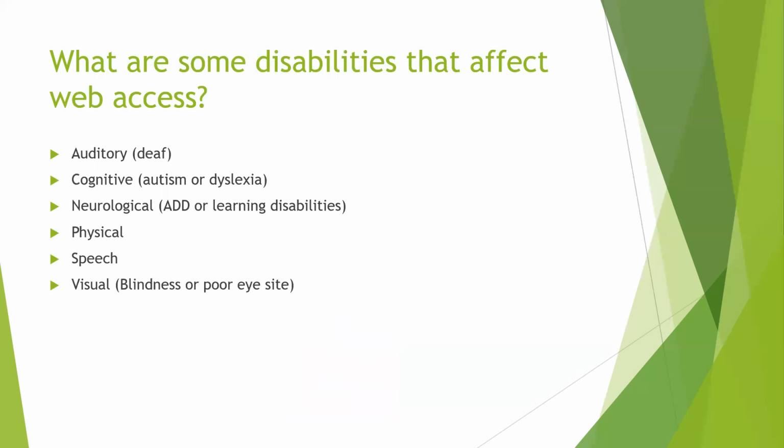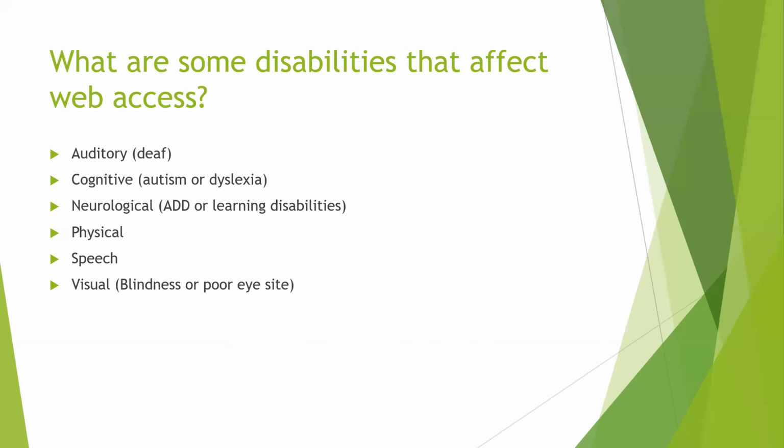All right, so what are some of the disabilities that affect web access? I think it's important for us to understand this because we need to know who our audience, if you will, is that we're trying to help out with this accessibility. So we need to keep them in mind as we design. So people with auditory disabilities, so people who are deaf or maybe hard of hearing, people who have cognitive disabilities.